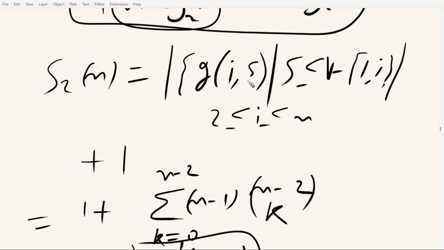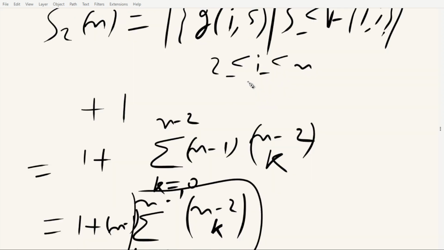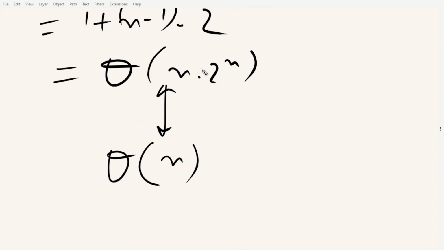So we can optimize this also, but again it will come to be exponential. So we'll not go into the detail of optimized space storage. Just know that it is exponential.